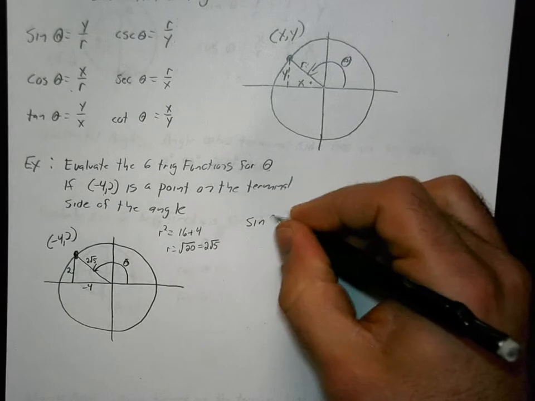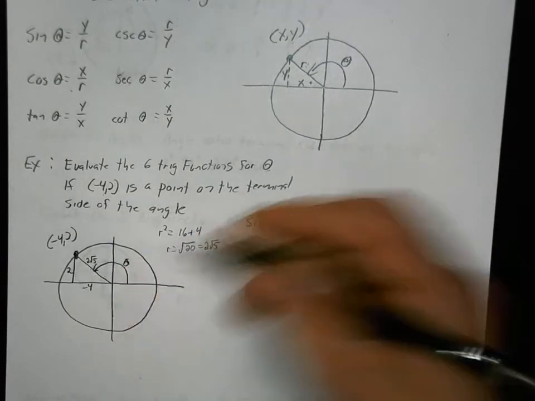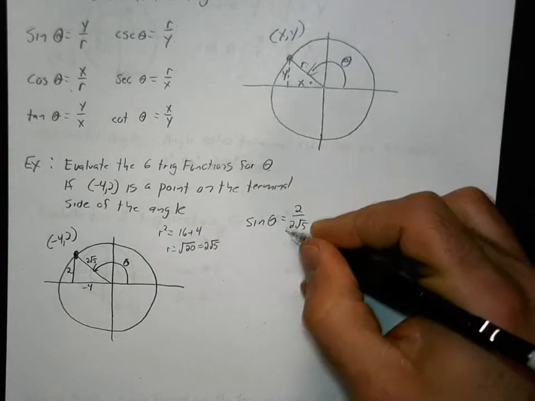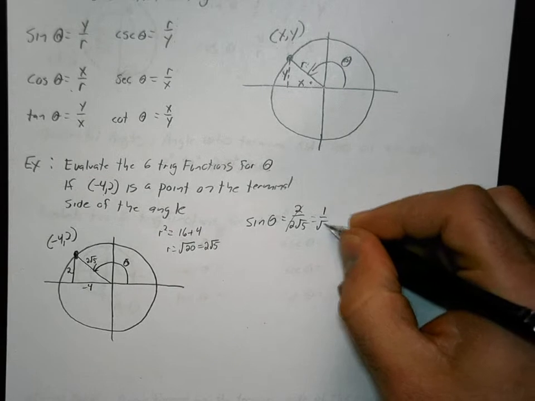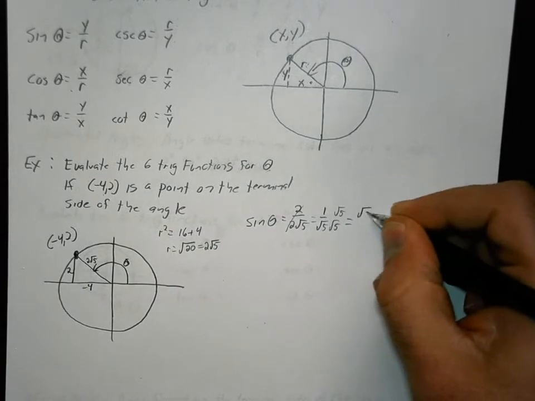The sine of theta is y over r, 2 over 2 square root of 5. Those are going to cancel. It's just 1 over the square root of 5, which I can rationalize and get square root of 5 over 5.